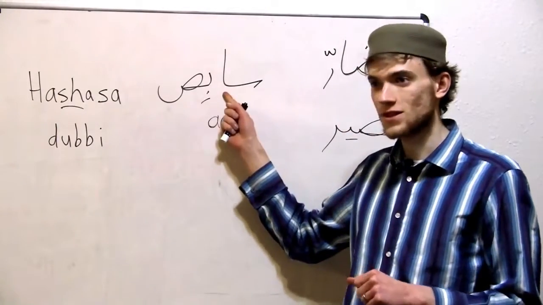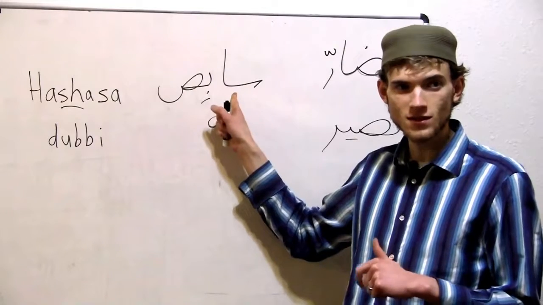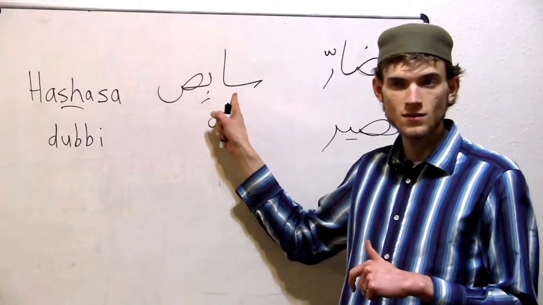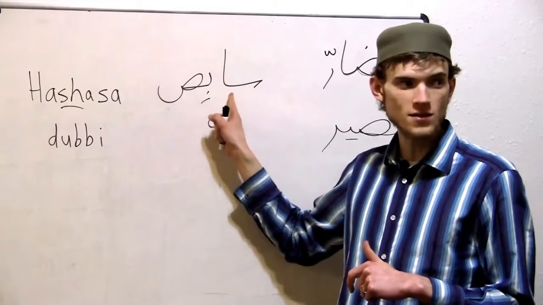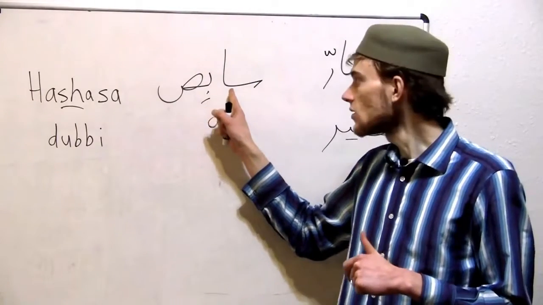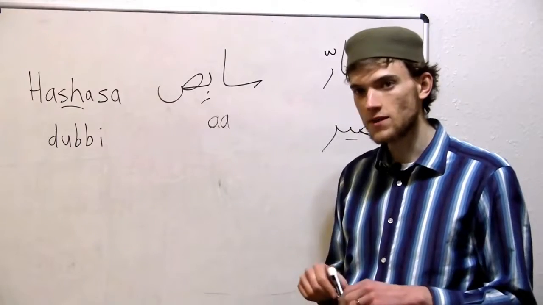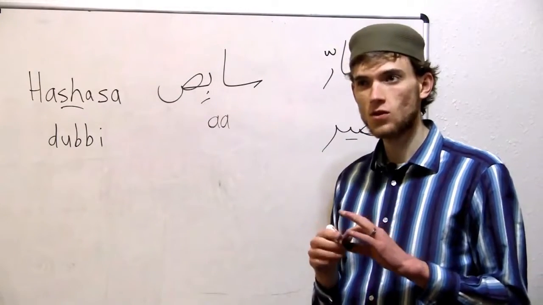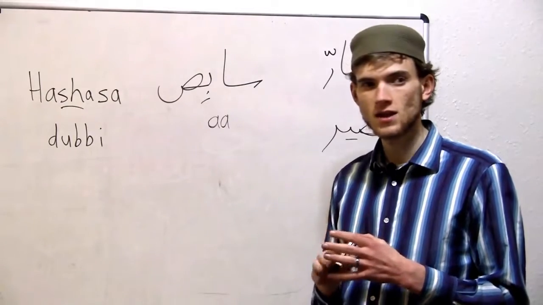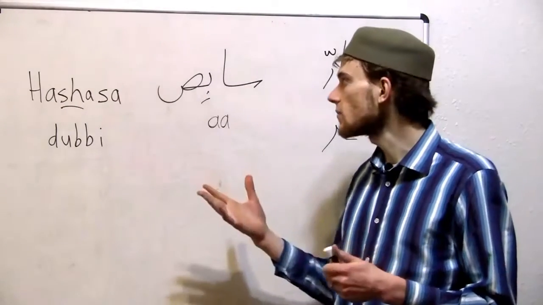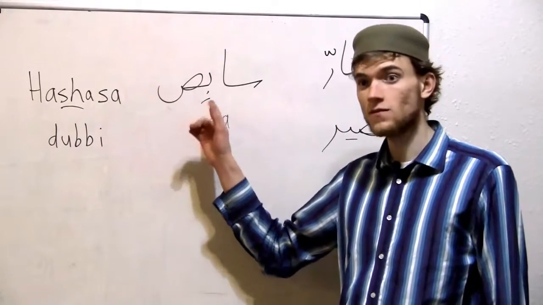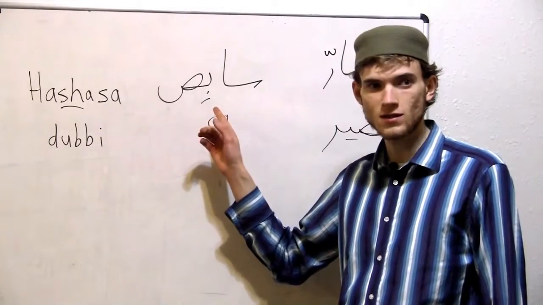This alif, does it come after an emphatic consonant or no? No, it doesn't. Sin is not emphatic. So often what happens, and some native speakers do this too when pronouncing words, is that if there's one emphatic consonant, what's the emphatic consonant in this word?